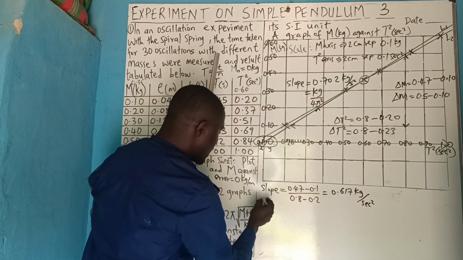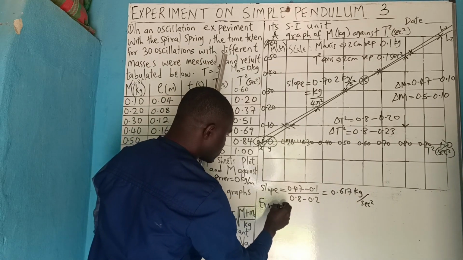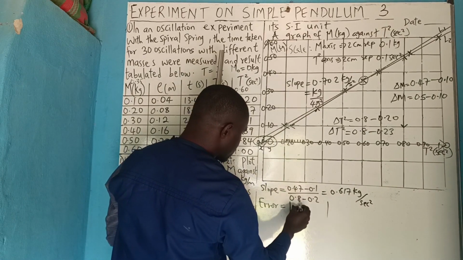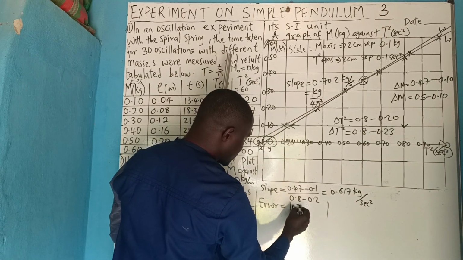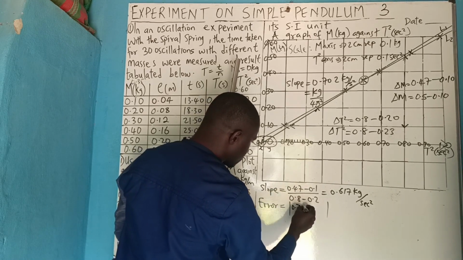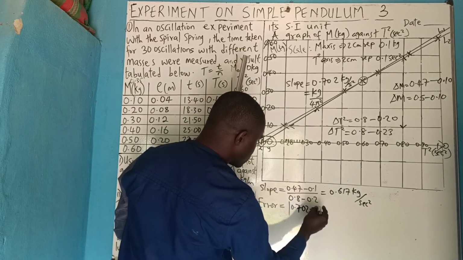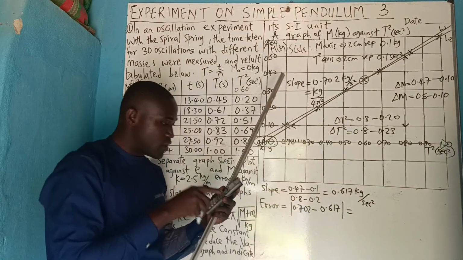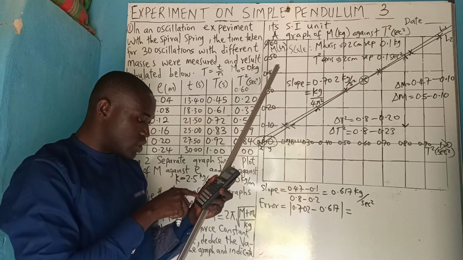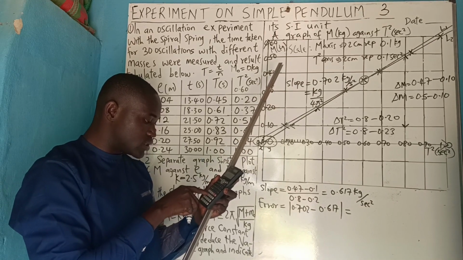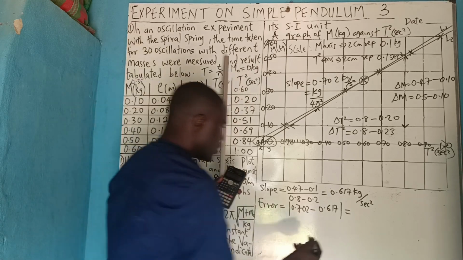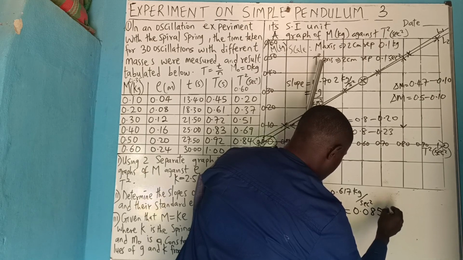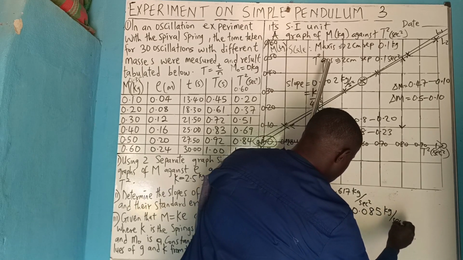Okay, now the error will be the modulus of the difference. Anyone can come first, but whatever you get, it must be positive. 0.702 minus 0.617 equals 0.085 kilogram per second square.